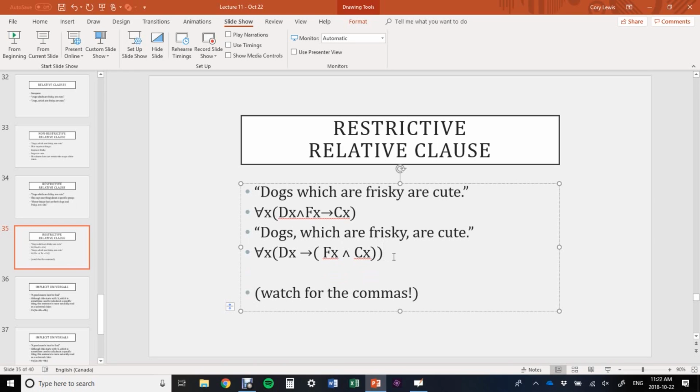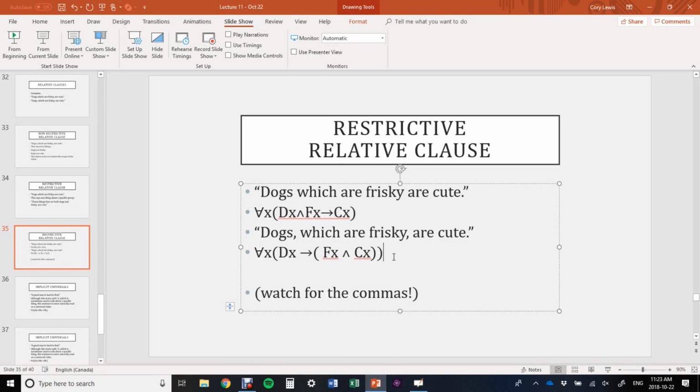What the sentence says is, of all of the dogs, they are both frisky and cute. So you've restricted your domain of discourse to dogs, but you're saying something about all of the dogs, and you're saying that they have both of these properties. The thing that makes that not the right way of saying the sentence is the which.